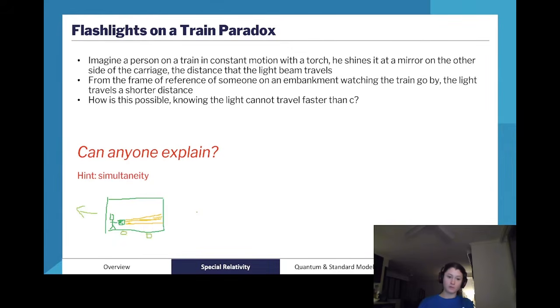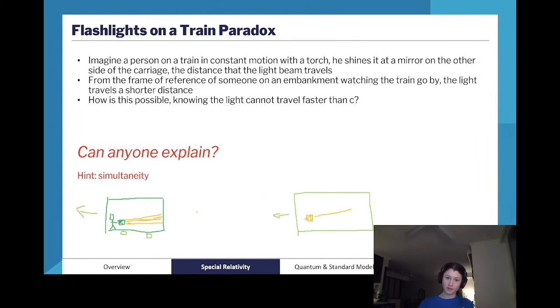Alright, from the perspective of the person on the embankment, what they're seeing is the carriage, and they're seeing the back of the carriage move towards the light source. Right?